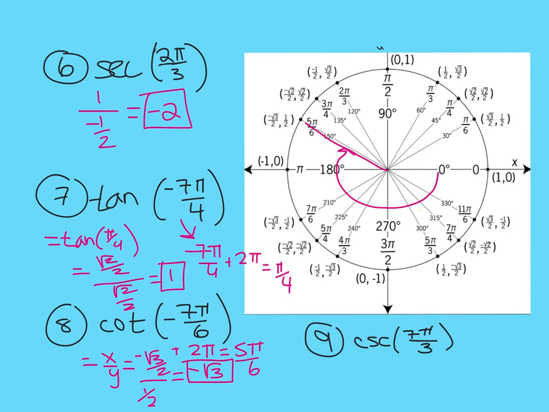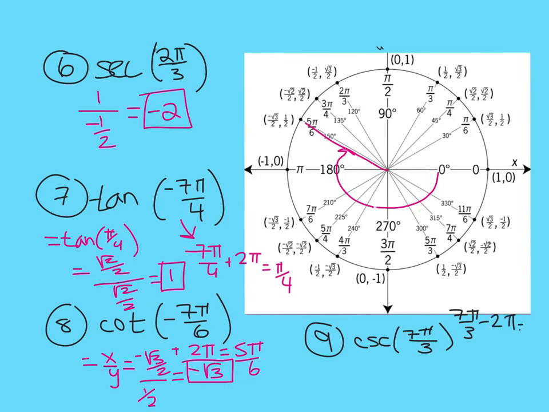So for number 9, this is another one where you don't actually see this specific value on the unit circle. You'll notice that if I look at all this stuff over 3, I only go up to 5 pi over 3. You probably will want to do the same thing that you did previously and find a coterminal angle. This one we're going to be subtracting 2 pi.